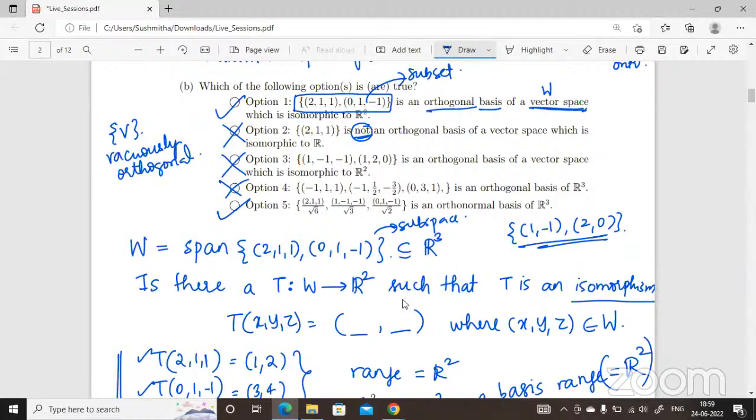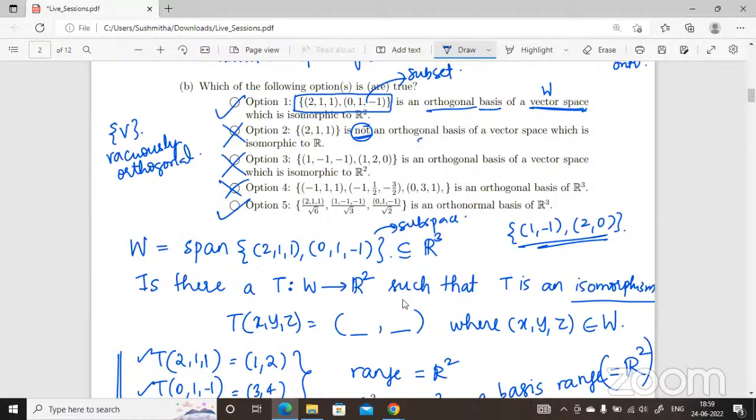Instead of R2 in option 1, you have R in option 2. And the dimension of the vector space spanned by this vector will be 1, right? If this was not there, then it would have been isomorphic, meaning the option would have been right.